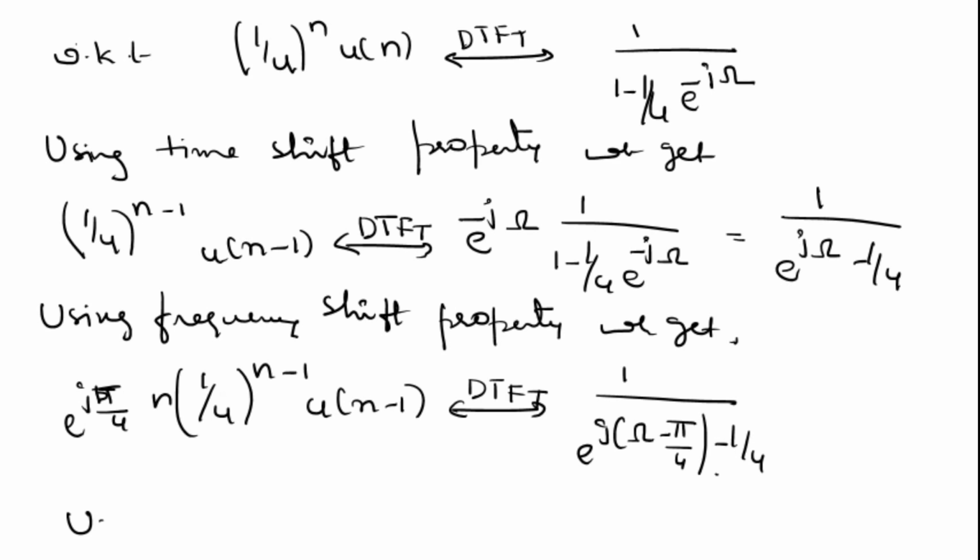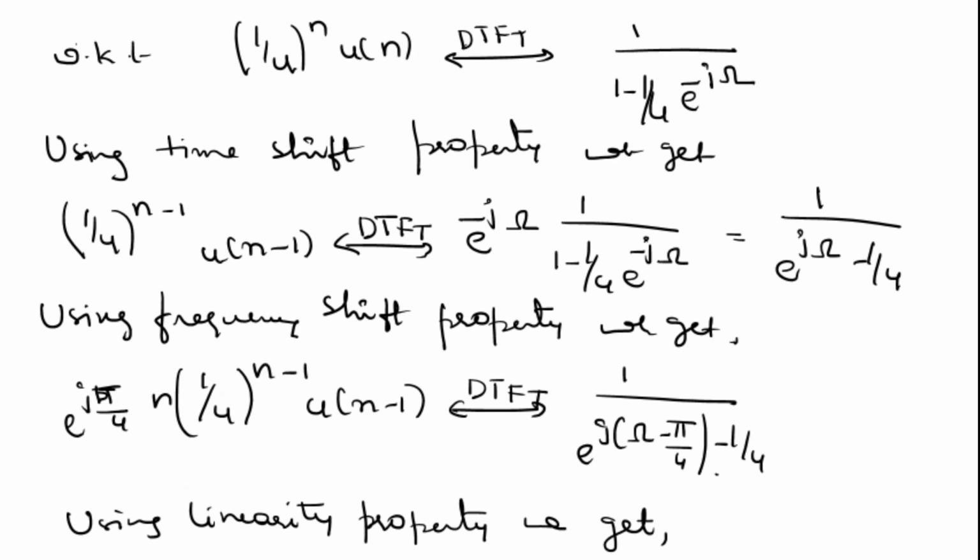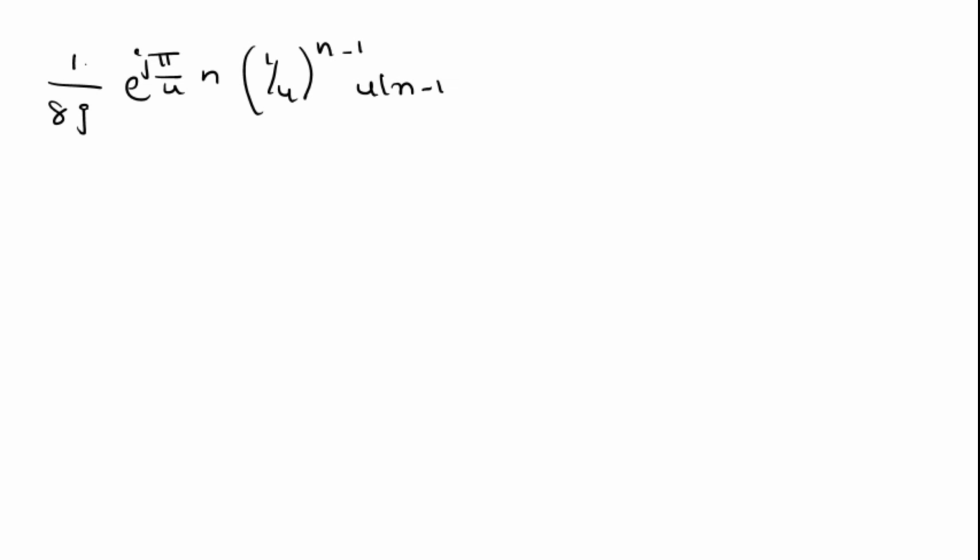Then using linearity property, we get 1 by 8j e^(j pi by 4 n) (1 by 4)^(n minus 1) u of n minus 1.